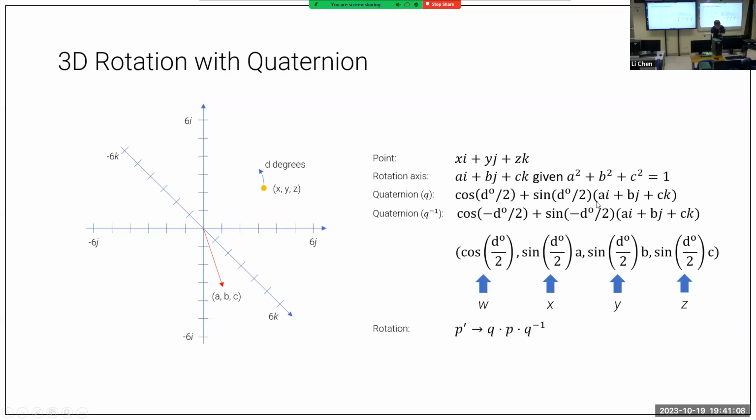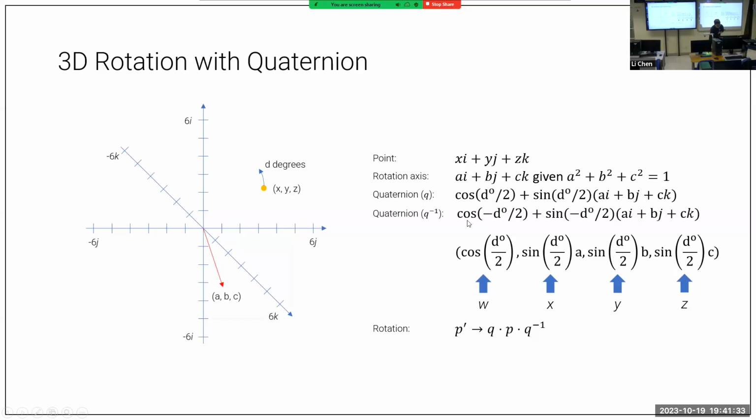But this time it is not rotation along the axis that you cannot see. This time we rotate this point along this axis, so we have ai plus bj plus ck. So that's it. We have the quaternion. Very straightforward.